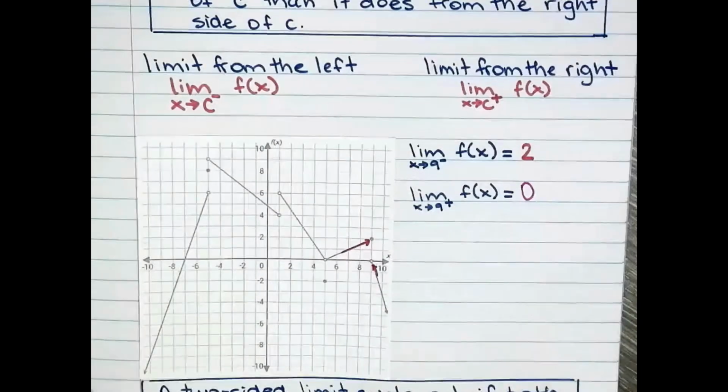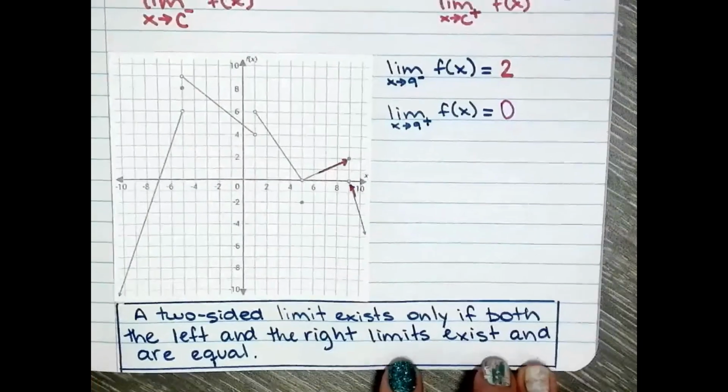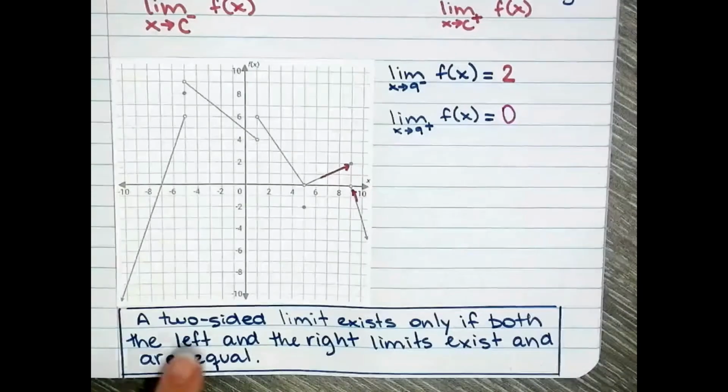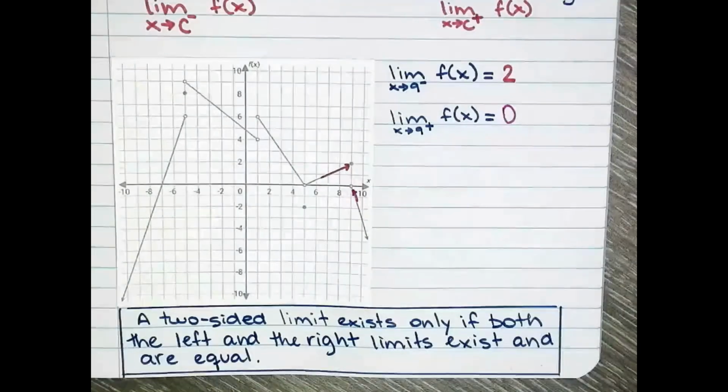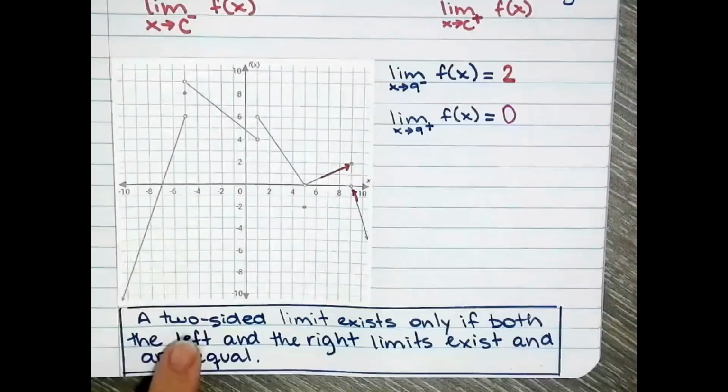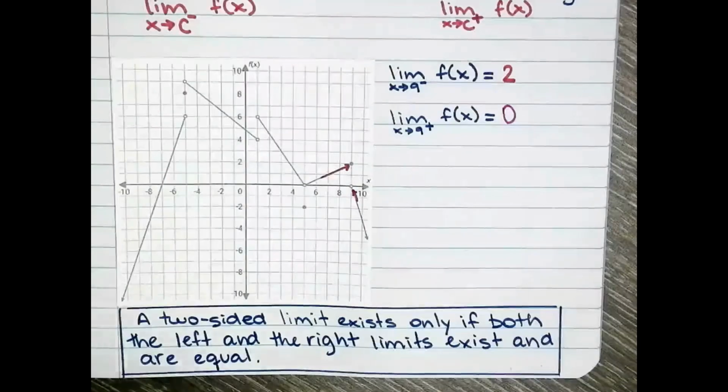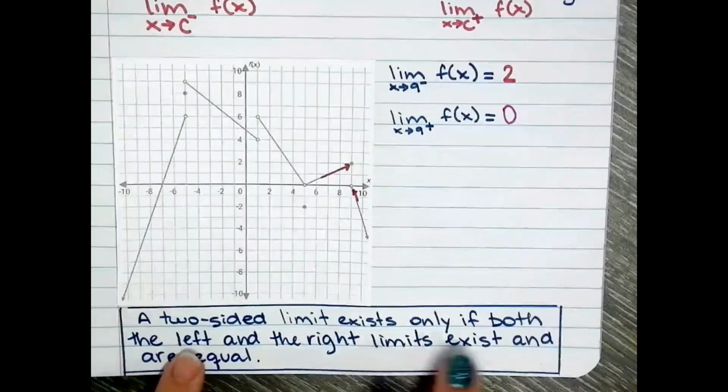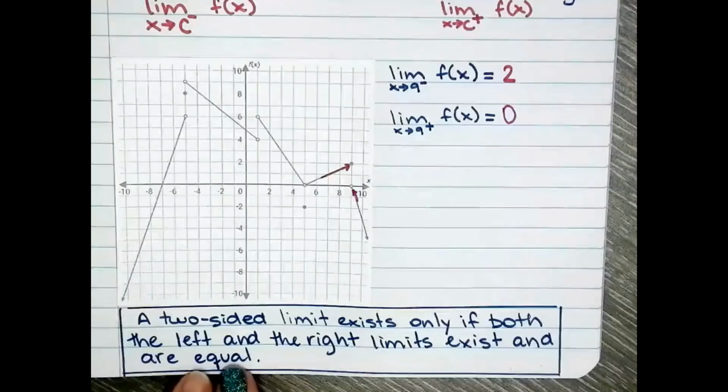Now, if we're trying to talk about a two-sided limit, and that question will come up quite often: does the limit exist, yes or no, and what is it? A two-sided limit exists only if both left and right limits exist and are equal.